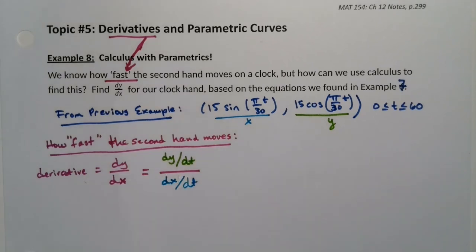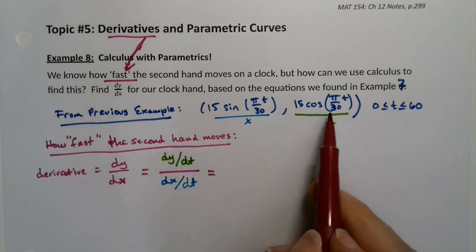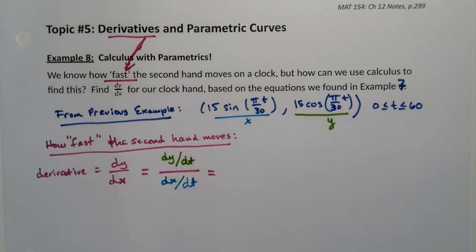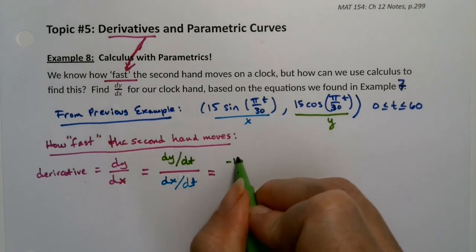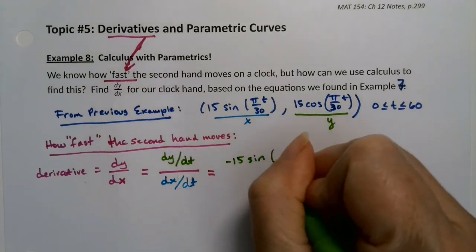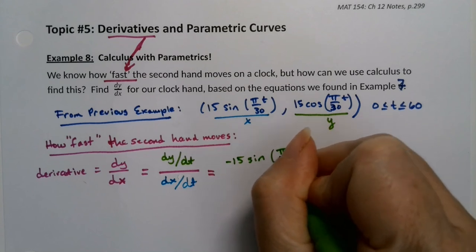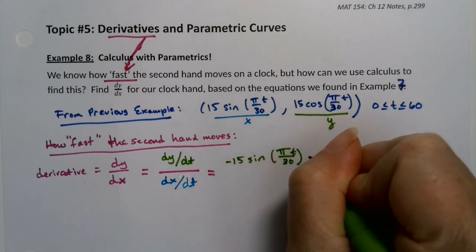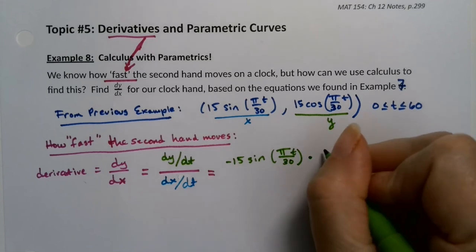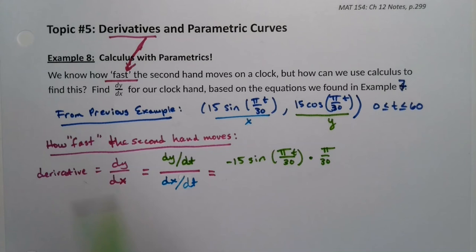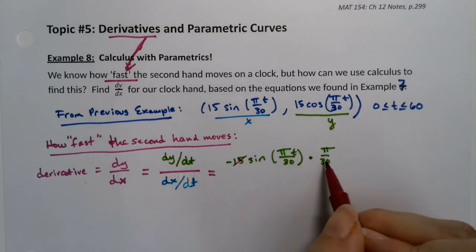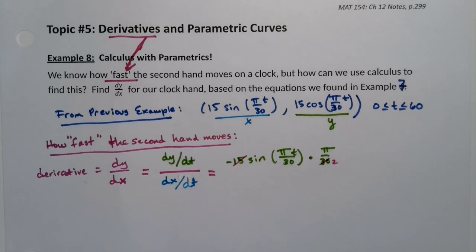All right, so let's look at y. What's the derivative of this? Well, the derivative of cosine is negative sine, so it'd be negative 15 sine of pi t over 30 times the derivative of the interior, which would be pi over 30. Well, pi and the 15 and the 30 will make a half, right?